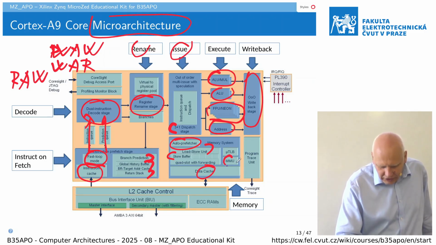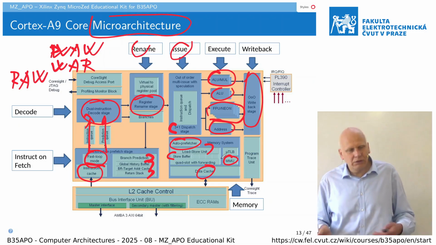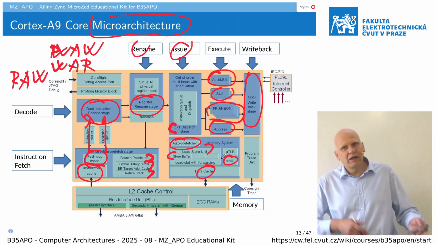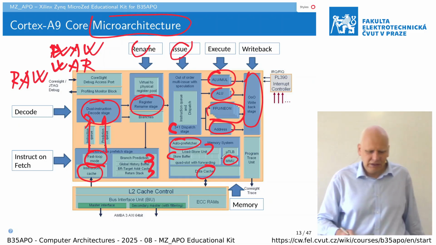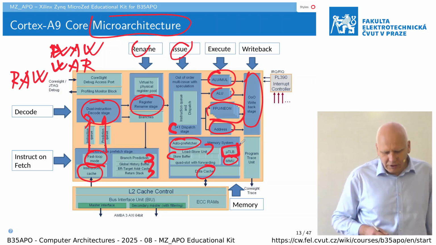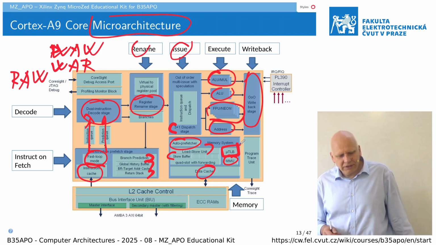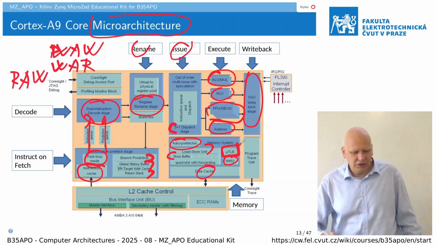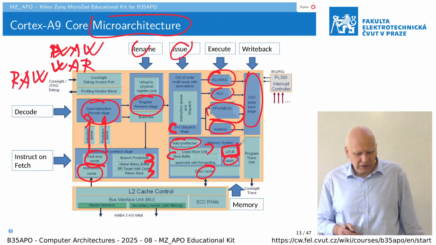Data cache, we need a memory management unit to have a virtual address space for the processes which are mapped to the physical one. And at the moment when we have a memory management unit, we need a cache of the translation. So there is the micro TLB.